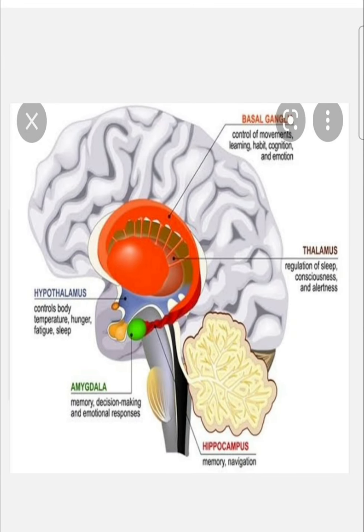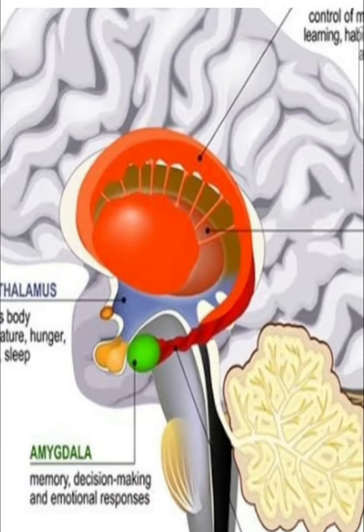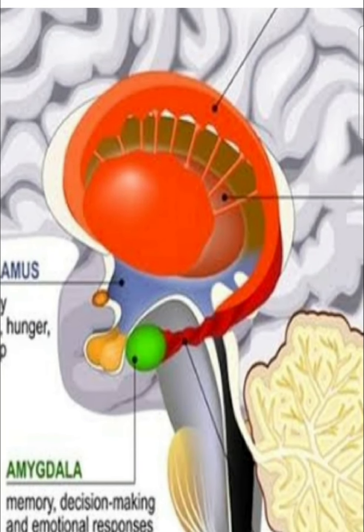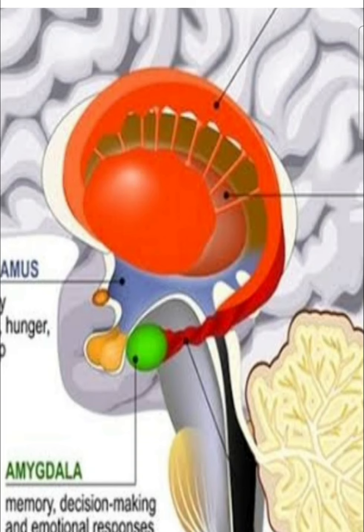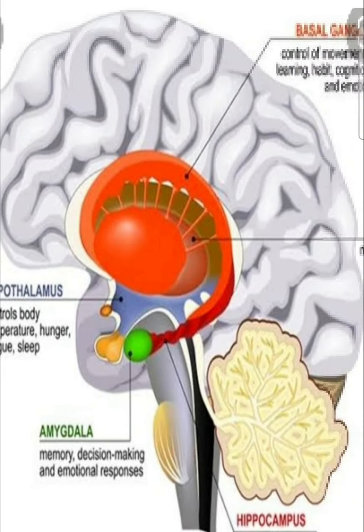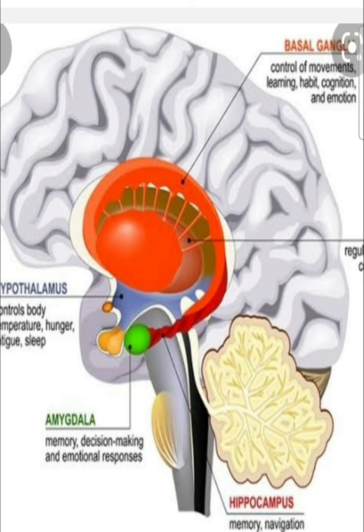The next is the thalamus. This big round nucleus, shown in red in the center of the brain, is known as the thalamus, and its anterior nucleus comes under the limbic system.